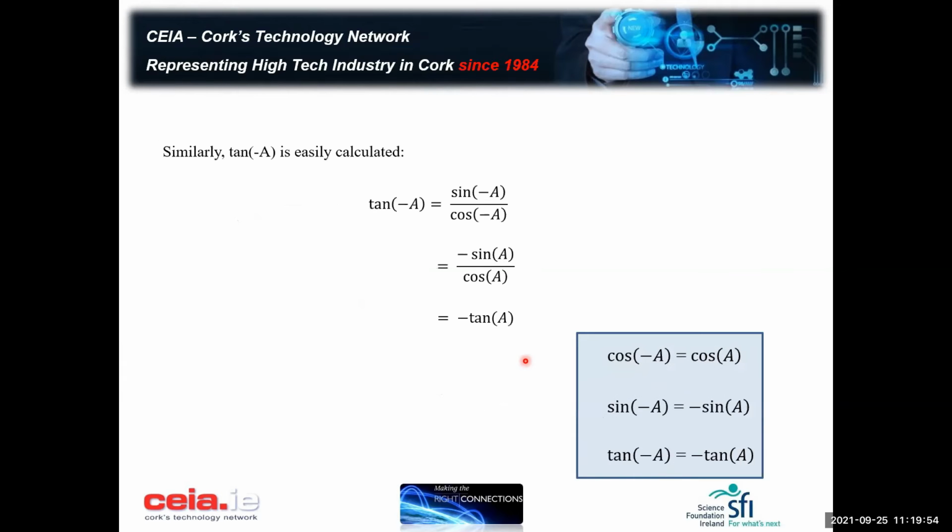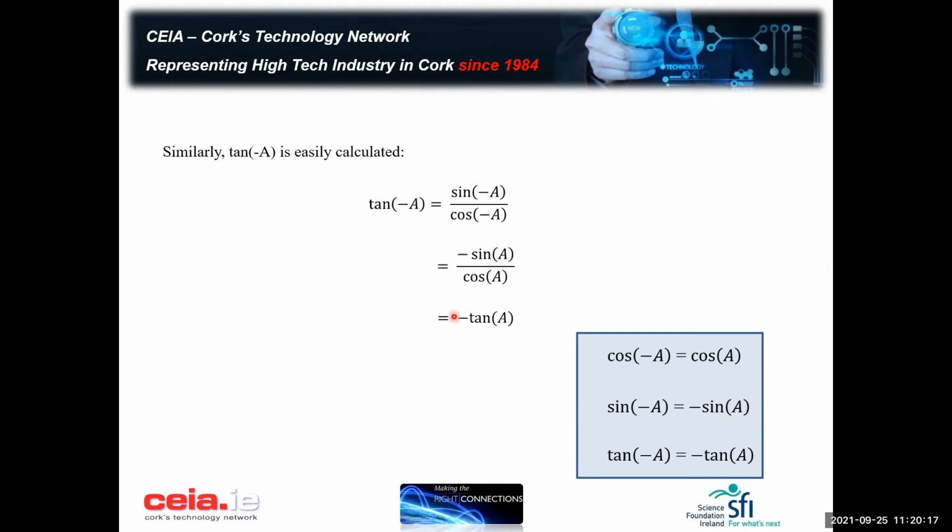Right, finally, if you want the tan of a negative angle, use the fact that tan is defined to be sine over the cosine. So take the sine and the cosine of those negative angles. You see that the numerator, the sine, changes sign. The cosine stays the same sign as it was.